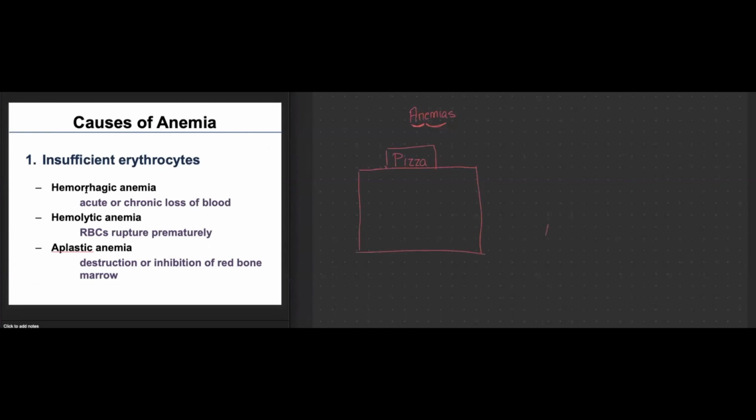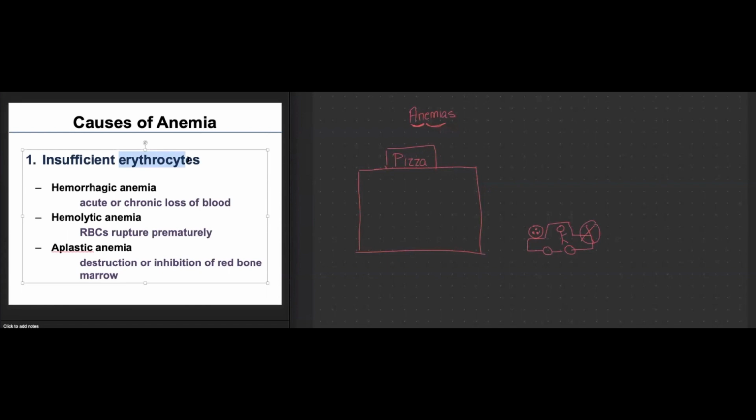The red blood cells are like the cars that you're going to have to deliver your pizza. And the hemoglobin is going to be the driver who is driving the car for this pizza to get delivered to the customer. So the first set of problems will be associated to not having good cars. I don't have erythrocytes. I don't have enough red blood cells.